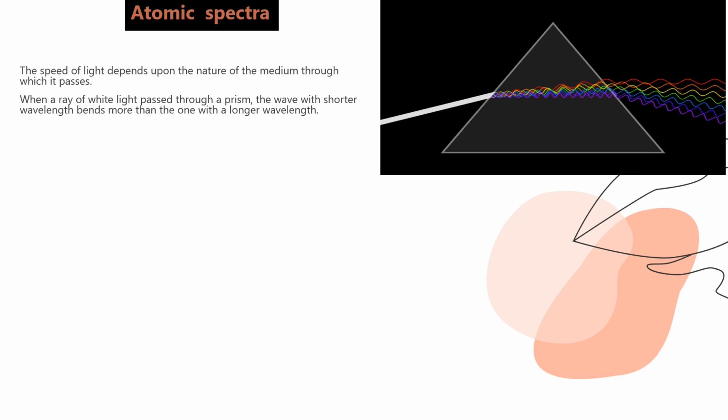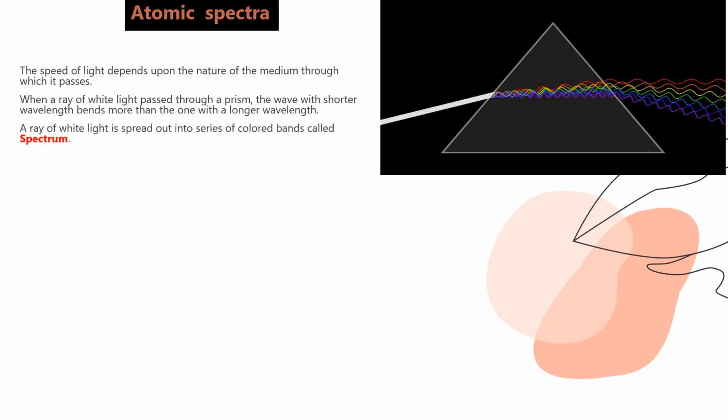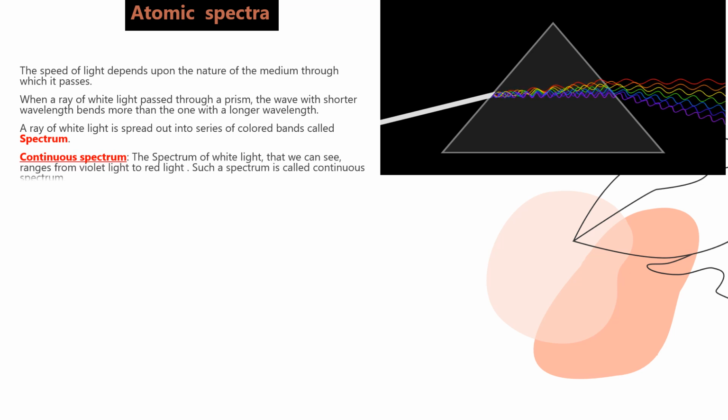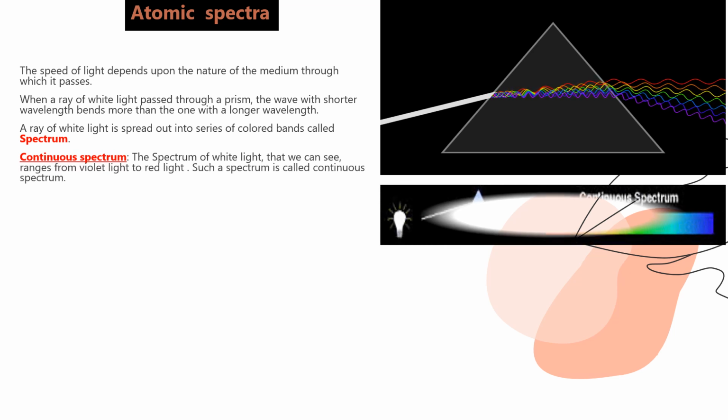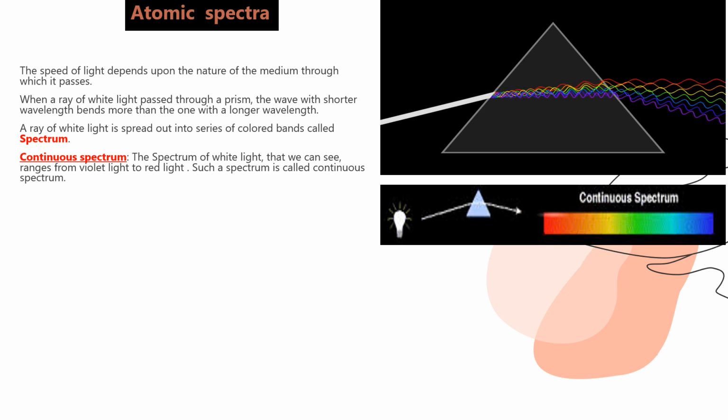Since ordinary white light consists of waves with all the wavelengths in the visible range, a ray of white light is spread out into a series of colored bands called a spectrum. The light of red color, which has the longest wavelength, is deviated the least, while the violet light, which has the shortest wavelength, is deviated the most.